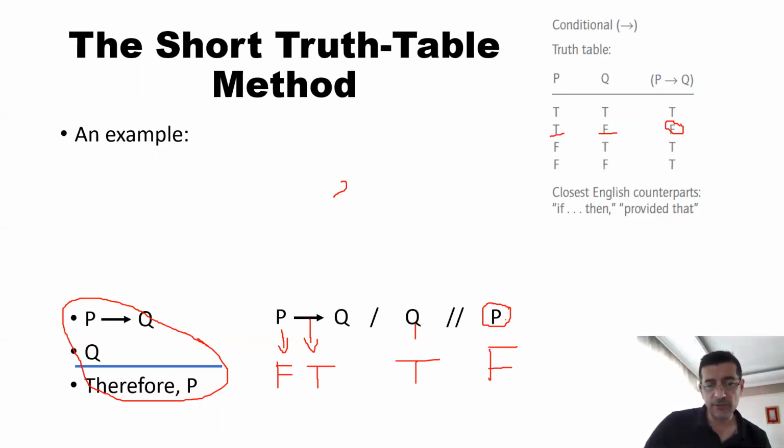And here for Q, what I'm going to do is I'm going to plug in T. Okay, yes, here, T. Now, let's forget about this part for a bit and then come back to it and write it down. Look at this table now. If my antecedent is false and my consequent is what?